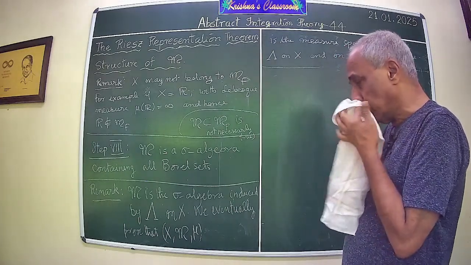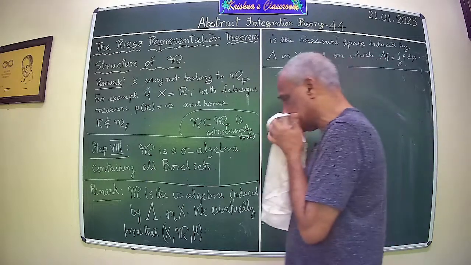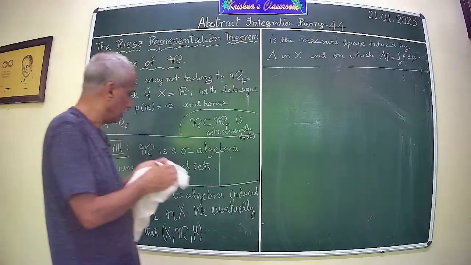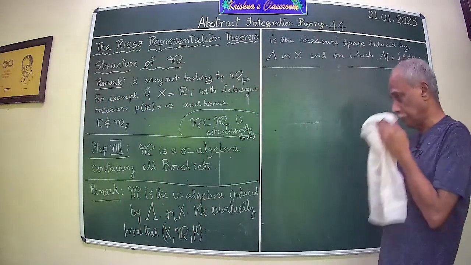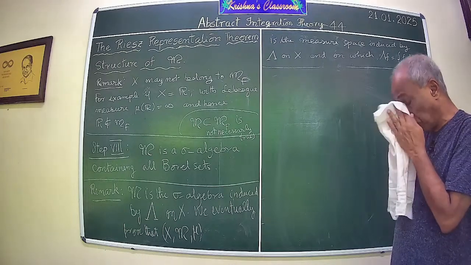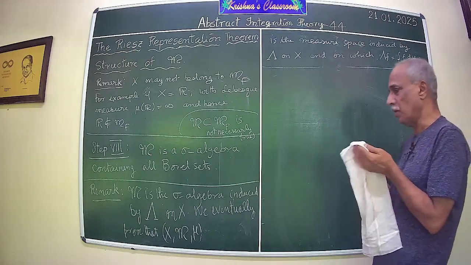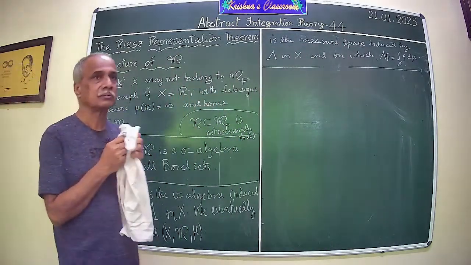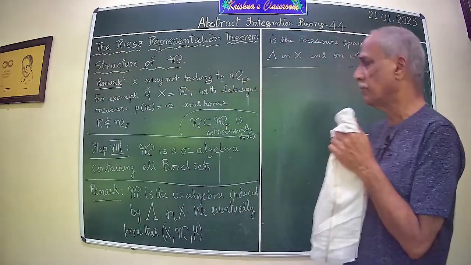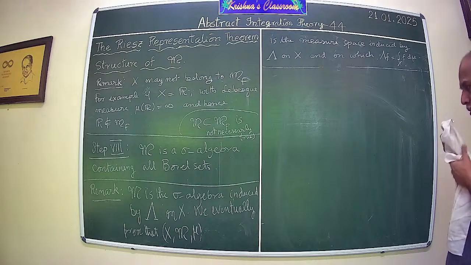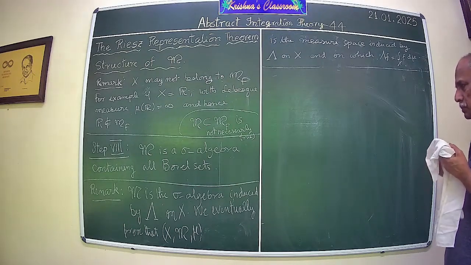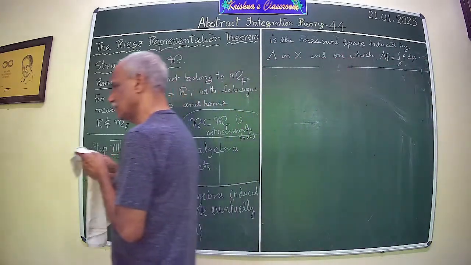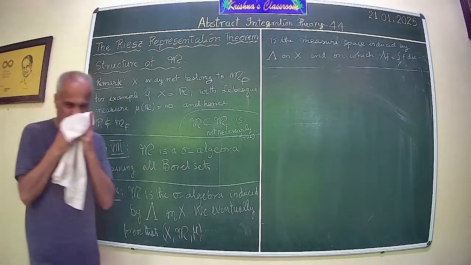So what are the things that you have to prove here? One, X and the empty set both are in M. Secondly, if A belongs to M, then A complement belongs to M. Further, if A, B are in M, then A union B and A intersection B are all okay.